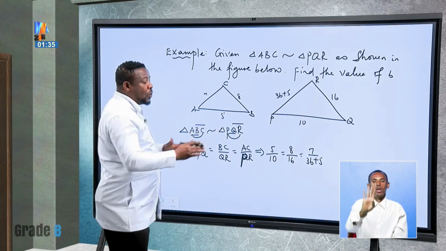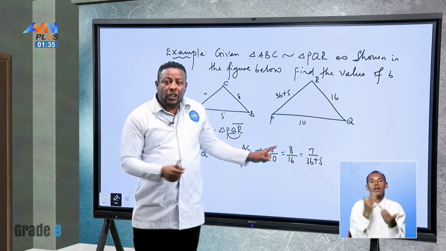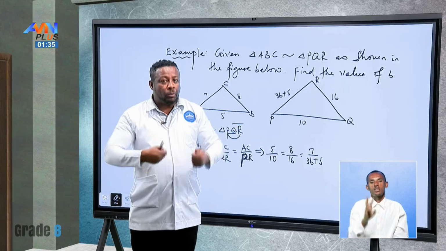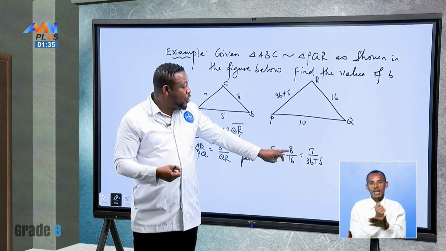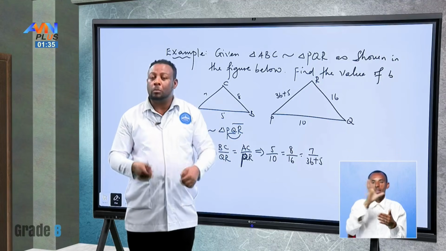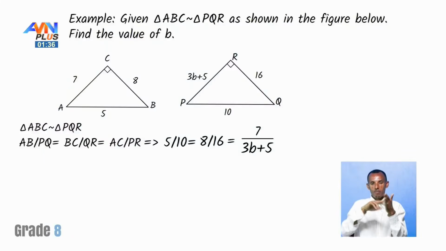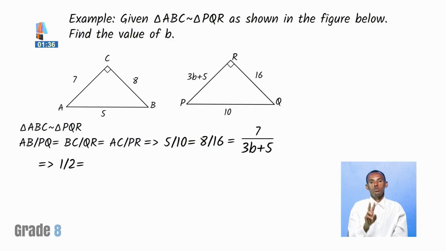So here, to make things easier, you don't need to take directly 8 over 16. To make your calculation easier, please take the ratio of 8 and 16 in the most simplified form. The simplified form of 8 over 16 is 1 over 2. This is the same as 7 over 3b plus 5.